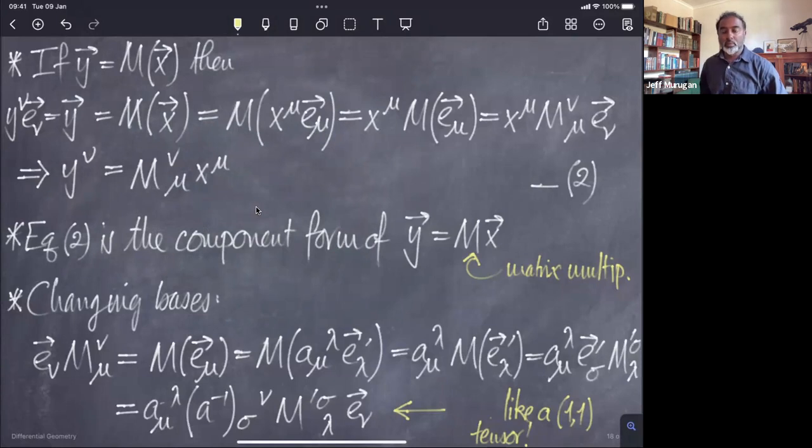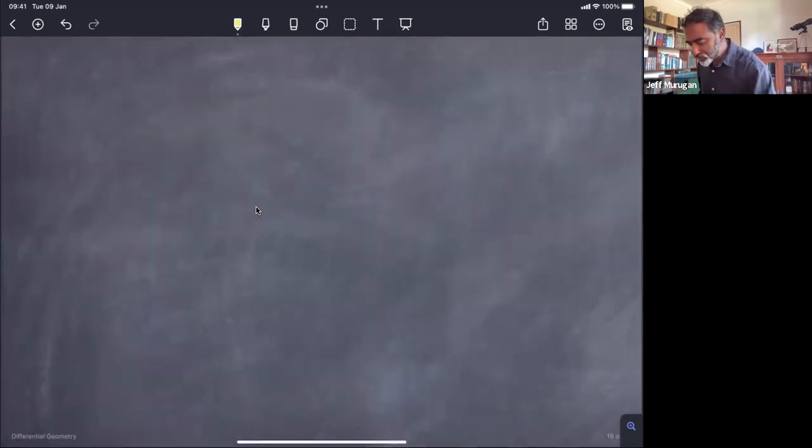So my point here is that under the change of basis, under the coordinate transformation that we've been taking to define vectors and covectors and tensors, the matrix representation of a linear map on the vector space transforms like a 1-1 tensor. Okay, so you've already seen this before. Let me relate it to the way you might have seen it in the past and show you that anything that transforms in that way is really this kind of tensor.